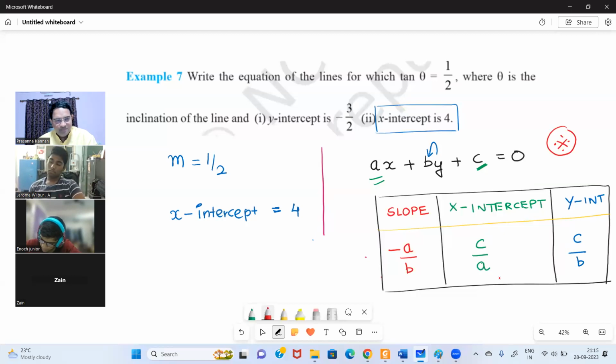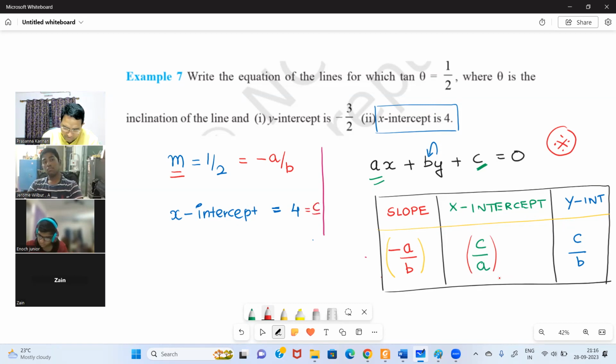Have you noted this down? Yes, sir. So now, when I tell you that I have given you the slope, what have I given you? Minus a by b is given. And when I say x-intercept is given, what is given? C by a is given. Got it, guys?